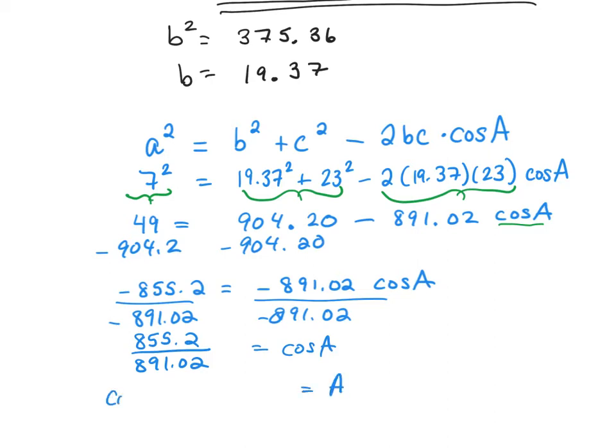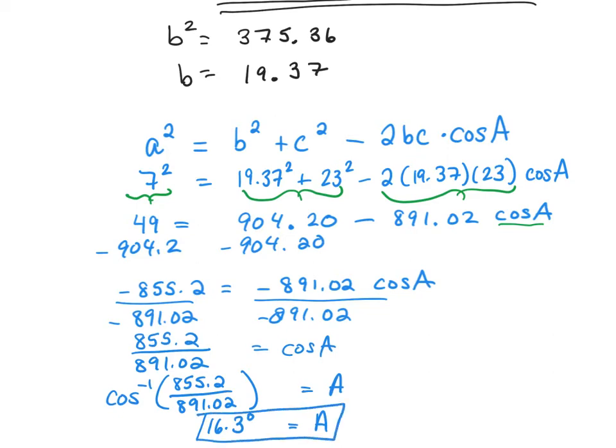So just like we did for the law of sines, we'll do the inverse cosine of 855.2 divided by 891.02. And again, make sure your calculator is in degree mode. Make sure you're getting 16.3, which is what I got. I'm going to take the angles to 1 decimal point. So 16.3 degrees for angle A.